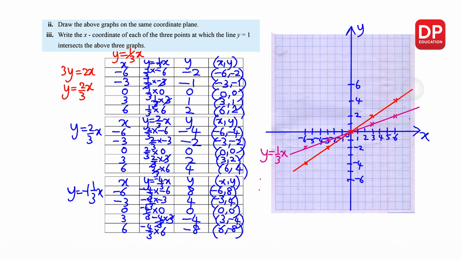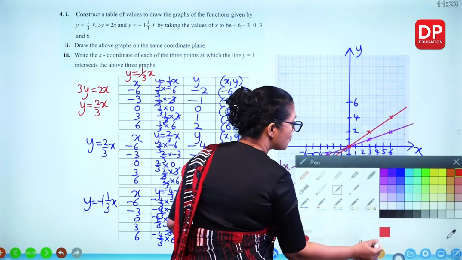You get this line. So what's the line? y equals 2/3 x, or 3y equals 2x. Next graph.